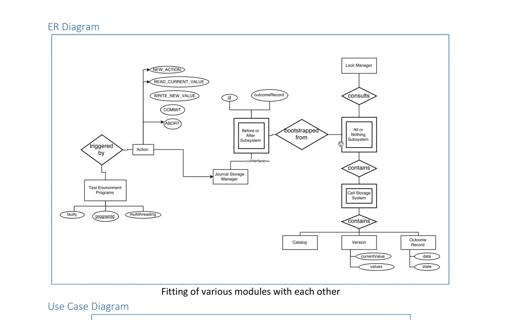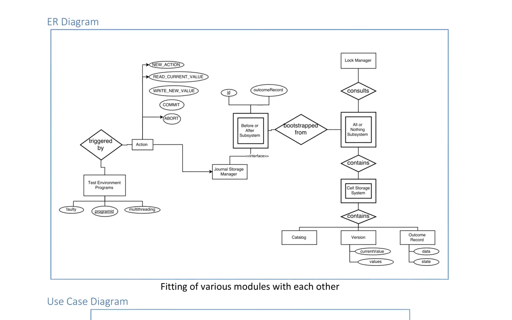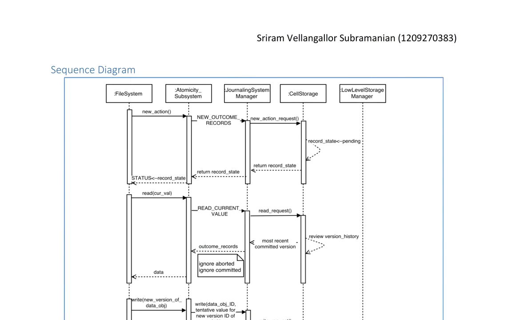Both of these are atomic semantics, and each consults the lock manager before permitting a new action to execute. These subsystems respectively contain the cell storage system, and the cell storage system executes the low level system calls read, write, alloc and dealloc as explained in the earlier cases.